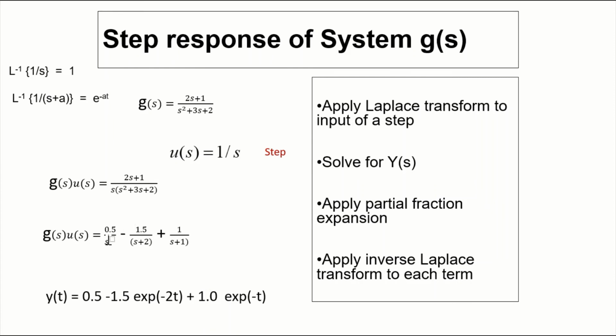So the 0.5 over s becomes, the inverse Laplace transform is 0.5. This one is minus 1.5 e to the minus 2t, and this is plus 1 e to the minus t. So that then gives us an equation for the step response of this system here. So that's what we've been looking at in the lecture.